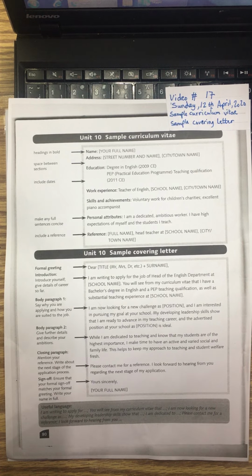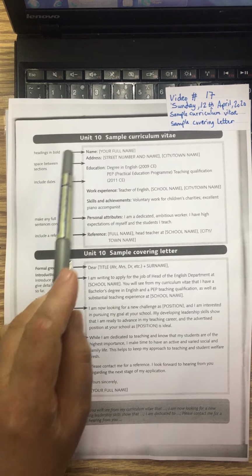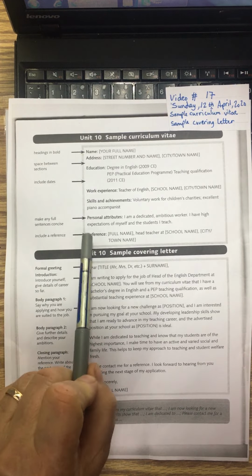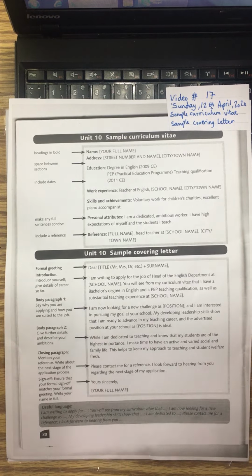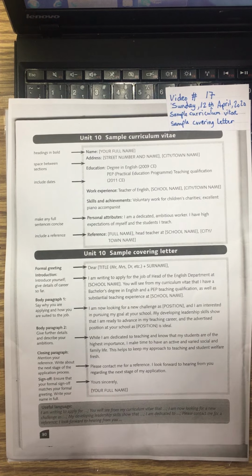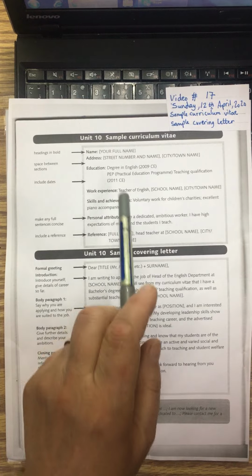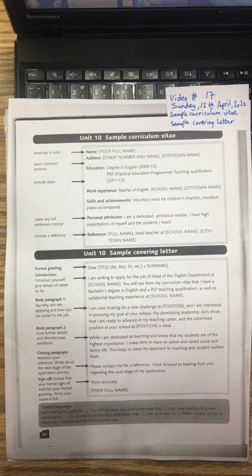And this is the way we organize or arrange our CV. First of all, headings in bold. All the headings, as you can see, are written in bold, in dark and big writing, in black. First of all, we write our name, our full name. The address, the street number and name.